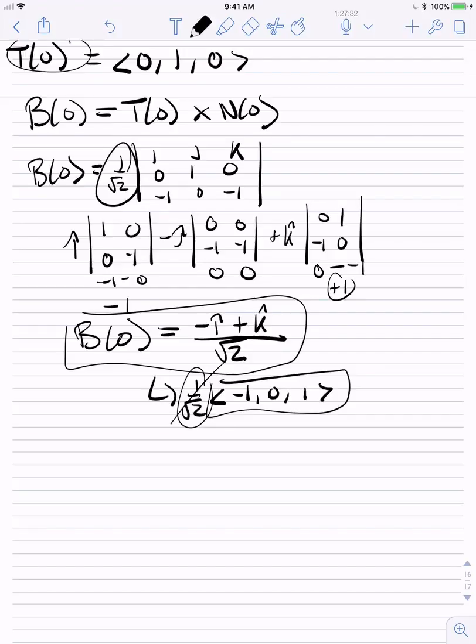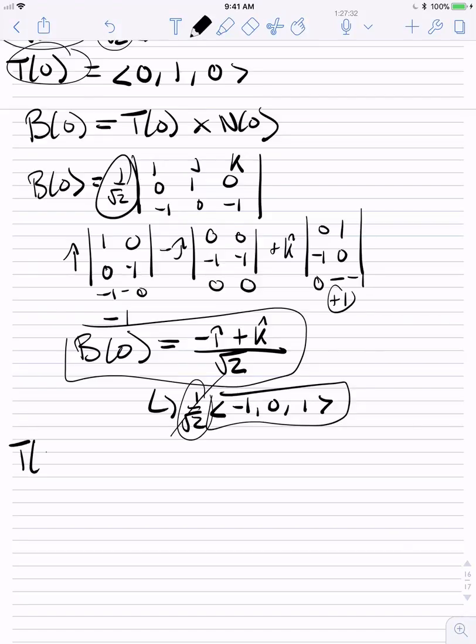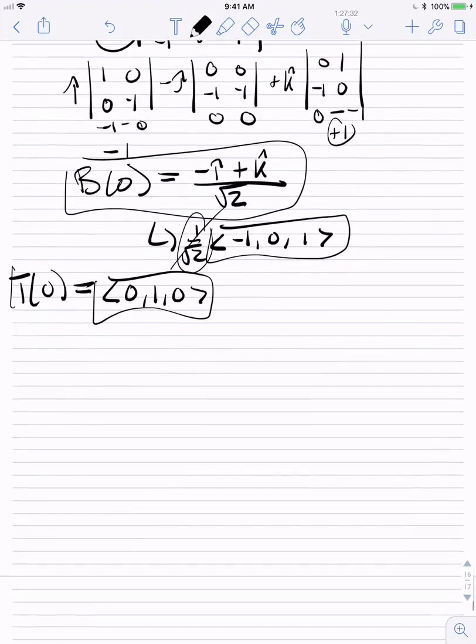But we're also going to need our normal plane, and to do that we use t of 0. We're using the tangent to find the normal plane. So just a reminder that t of 0 is 0, 1, 0. These two vectors are going to be important.